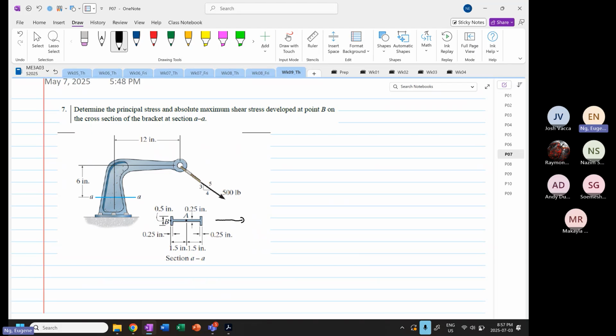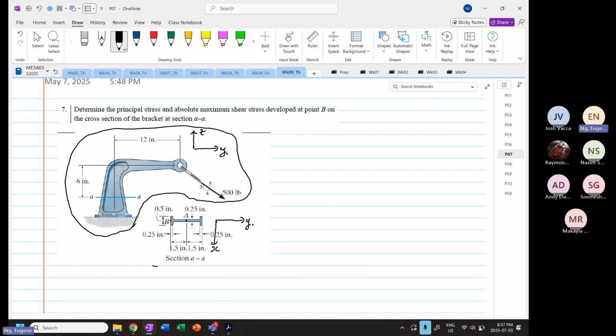You can call this your X, this is your Y, and this is your Z. So this belongs to this over here, whereas this belongs to here.